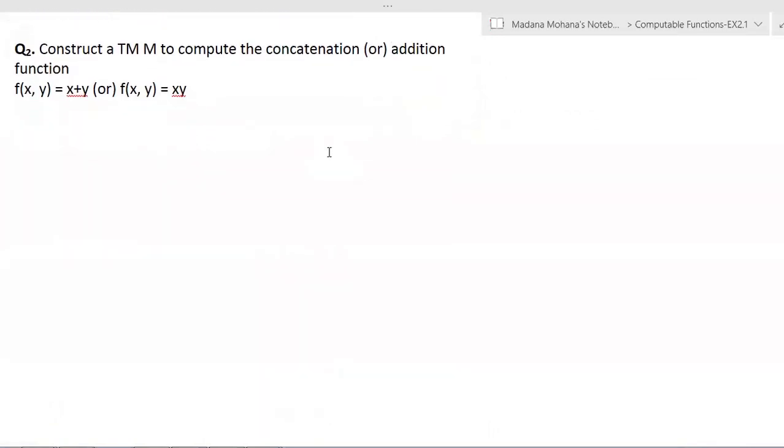Construct a Turing machine M to compute the concatenation or addition function. It is defined as f of x comma y, which has two arguments, denoted by x plus y, or f of x comma y equal to xy. See, the final result of these two functions is the same. If you take concatenation or addition, the final result is the same here.